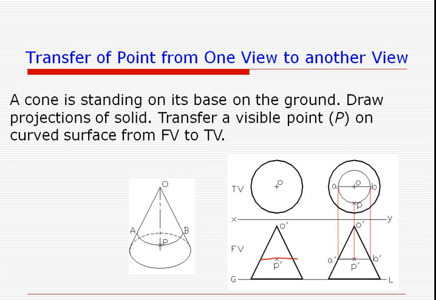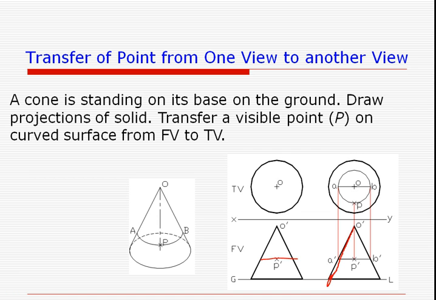The principle is similar to that used in the pyramid concept. We are basically transferring the point on the nearest visible generator, that is the extreme generator here, this generator.